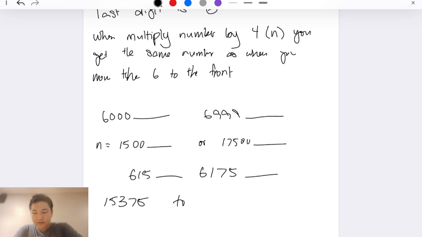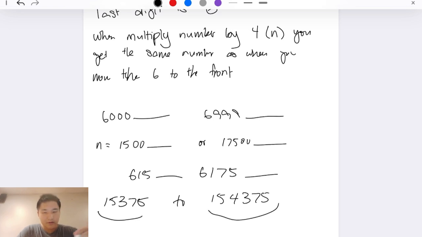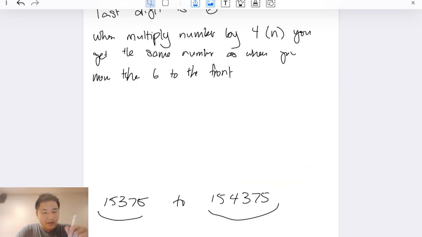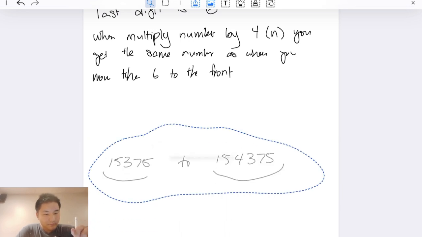All right, I forgot the 6. To 15375. So the starting digits of n must be between these two numbers. Okay, let me delete this stuff. So that's the first productive thing that I got to.